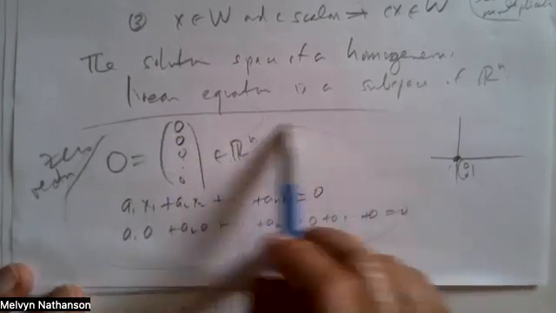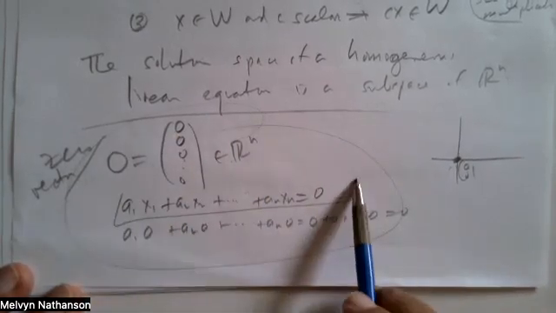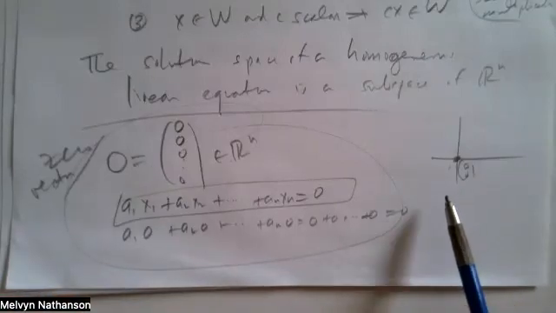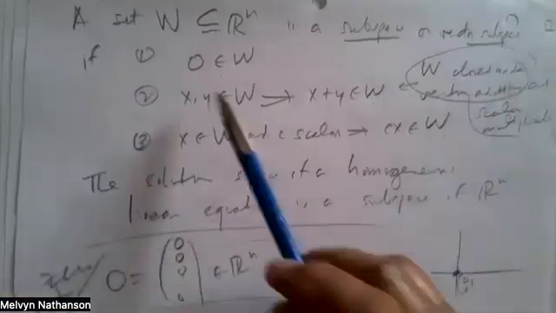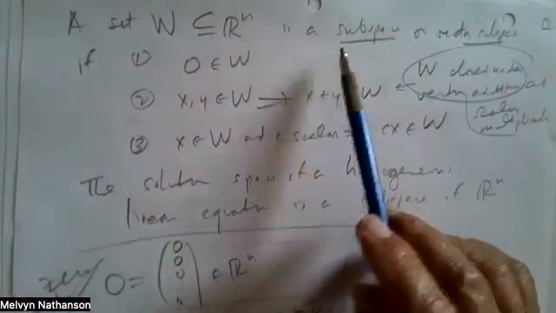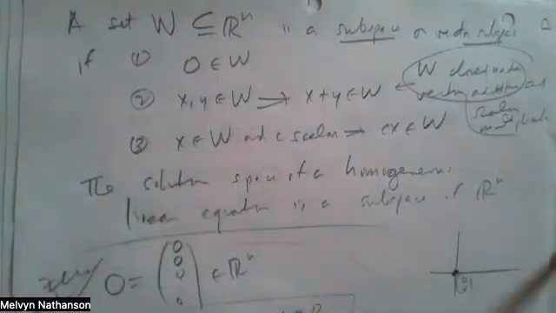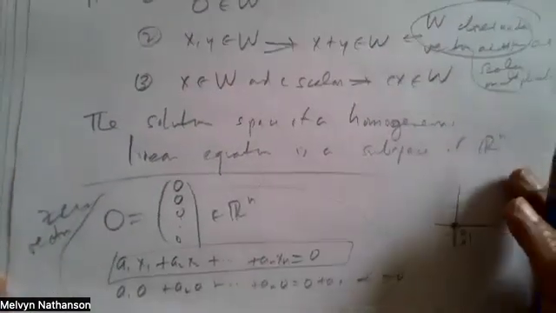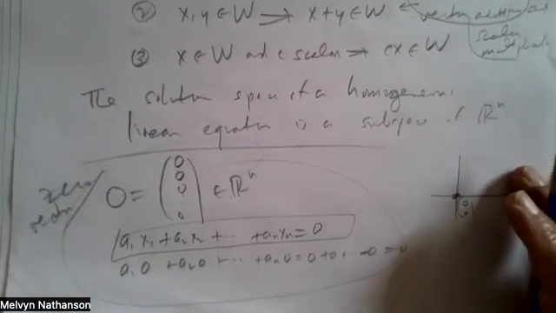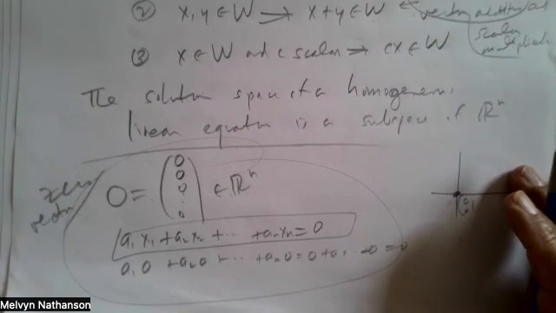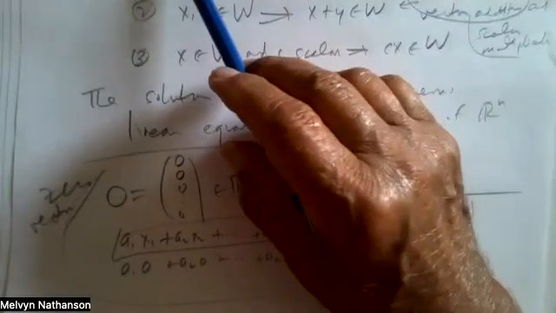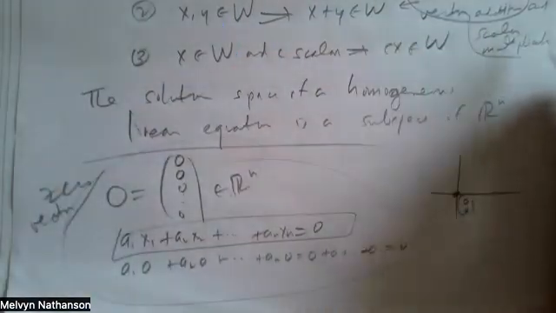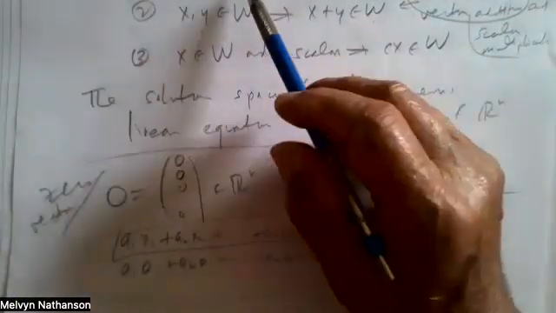So the zero vector is a solution of every homogeneous equation. But this is the zero vector. Okay. So a subspace has to contain the zero vector. And the W is on the right side because that's just saying the spaces of the vector. Well, W is on the right side of what? Number one.